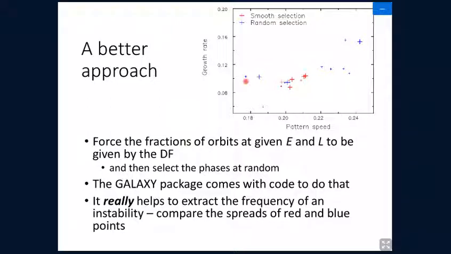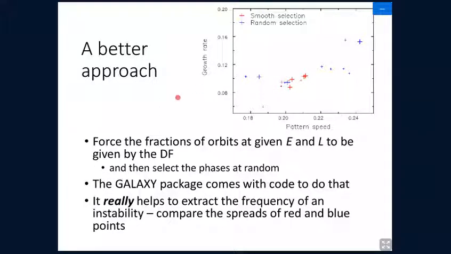If you use the alternative method of selecting particles at random, then the spread of values that you get, each one of those, I think, is 10 different simulations starting with different random seeds selected from the same distribution function, but by random methods, you can see that the spread is several times larger than the spread with the smooth distribution function.